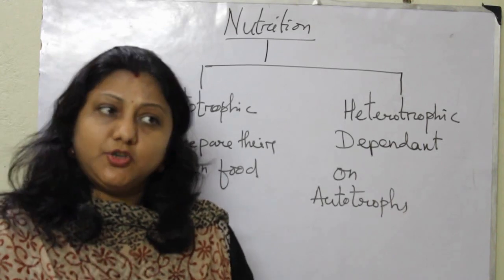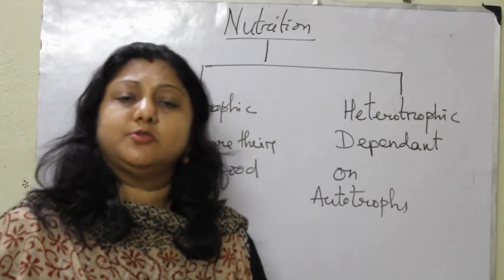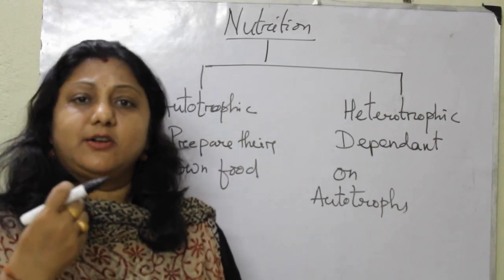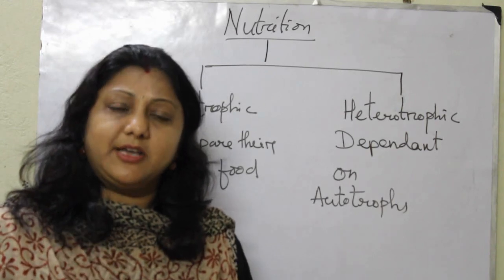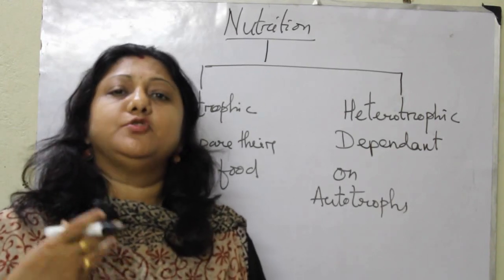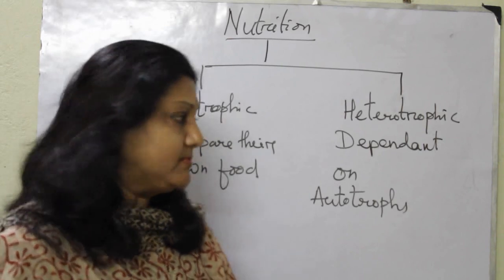But when we talk about autotrophic nutrition, immediately the picture that comes to our mind is that of the plants, which have the capability to produce carbohydrate compounds.